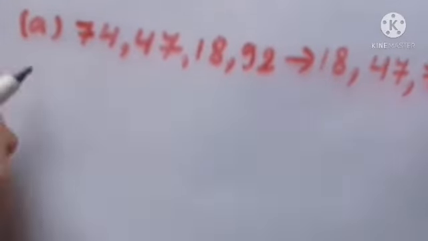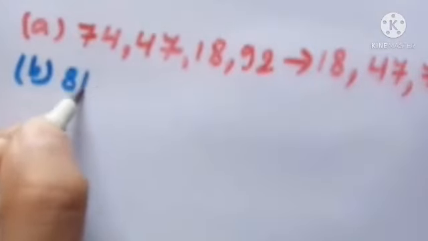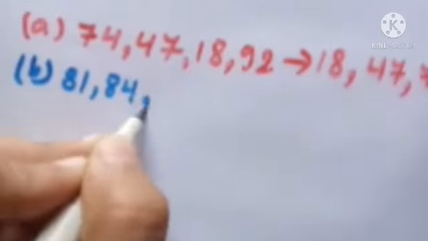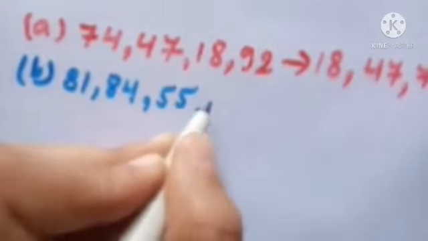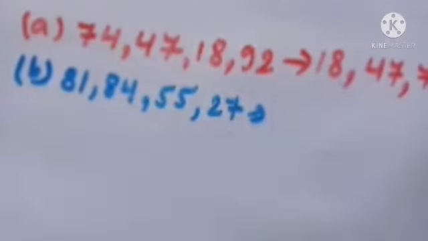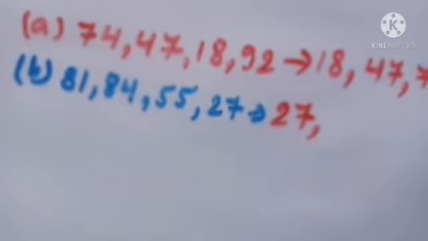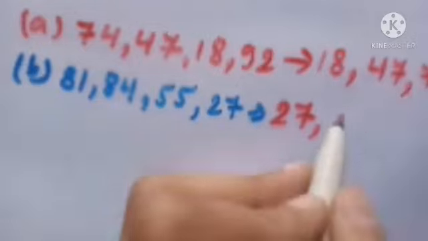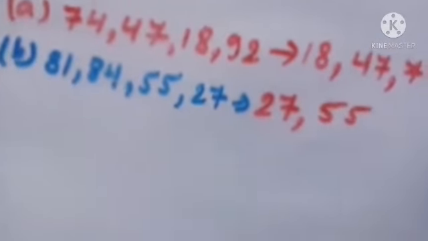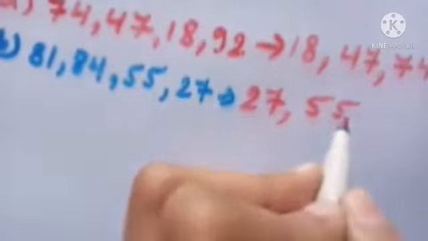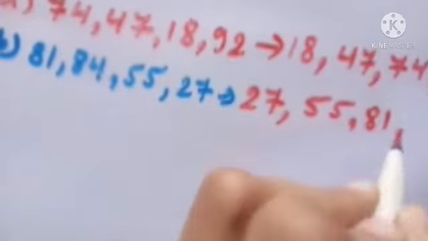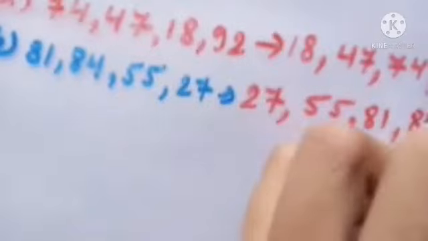Do question number B also. In B, there are 81, 84, 55 and 27. When we arrange these numbers in ascending order, first we write 27, 55, 81 and 84.